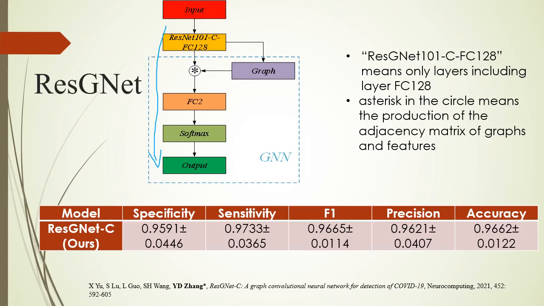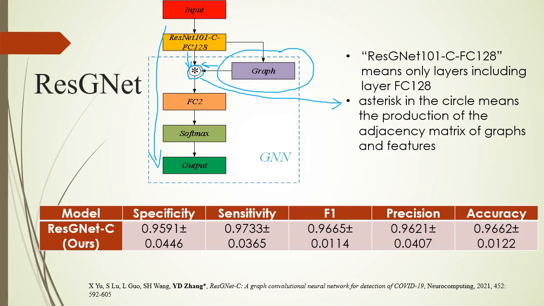If we want to add the graph, you can see here we add the graph as a side branch, and the features from the graph and the features from the conventional convolutional neural network will be fused by this asterisk. The asterisk in the circle means a kind of product of the adjacency matrix of the graphs and the features from the CNN.